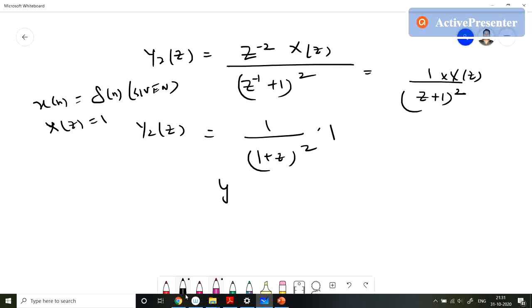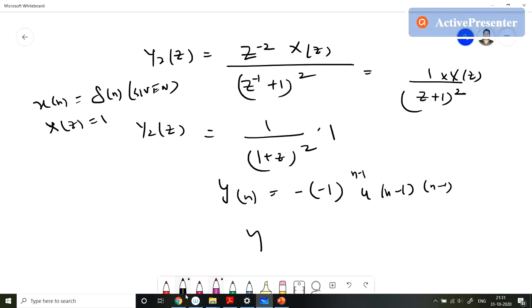If we solve this problem, we can easily find that the solution is y[n] equals minus 1 raised to the power n minus 1, u[n minus 1], multiplied by n minus 1.